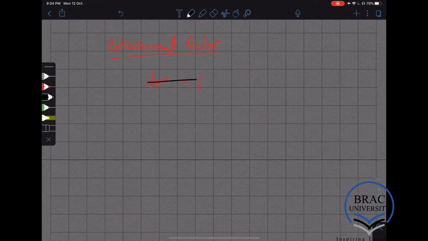So dx mu is an example of a 4 vector. It has 4 components, say dt, dx, dy, and dz.